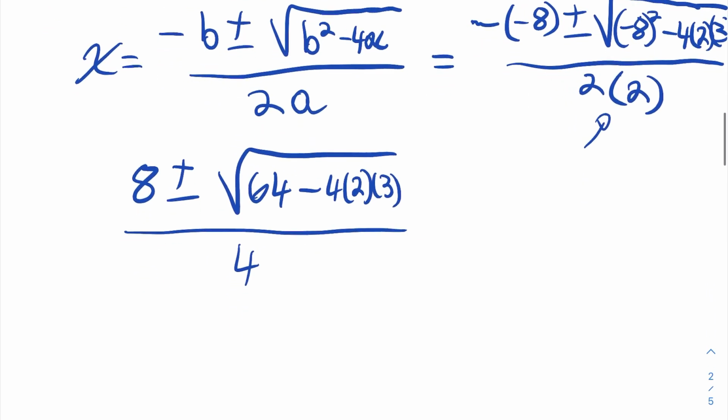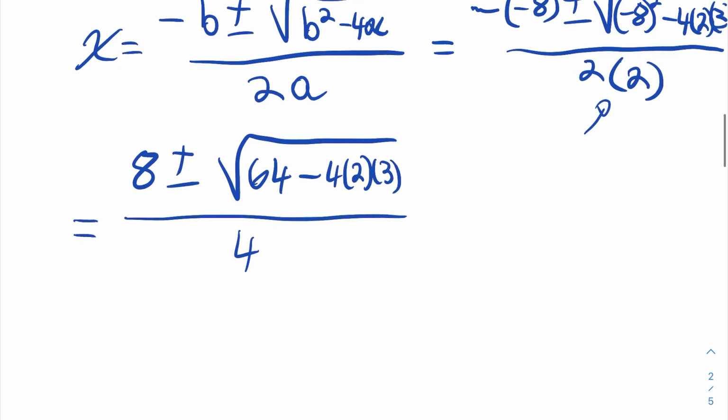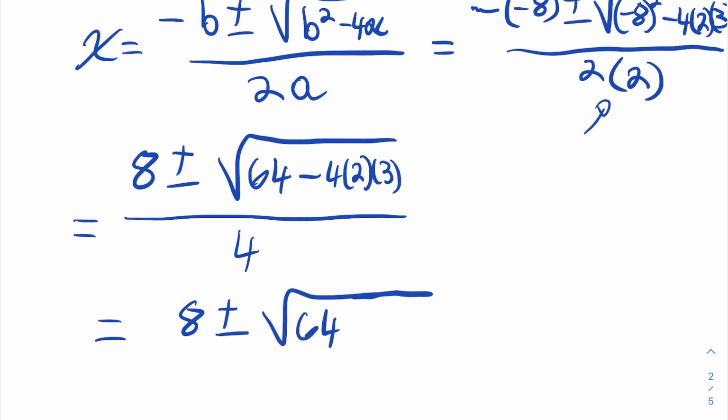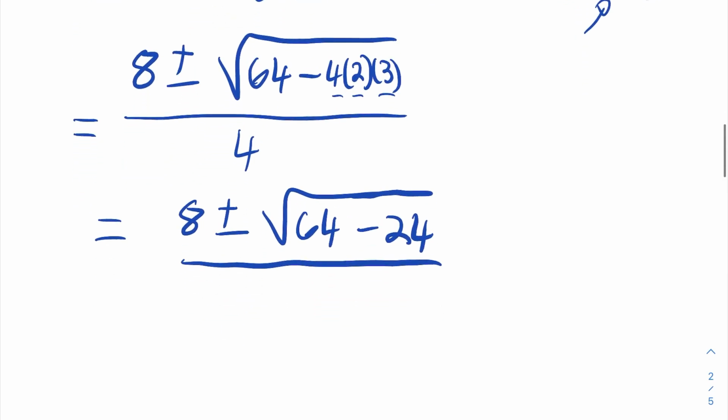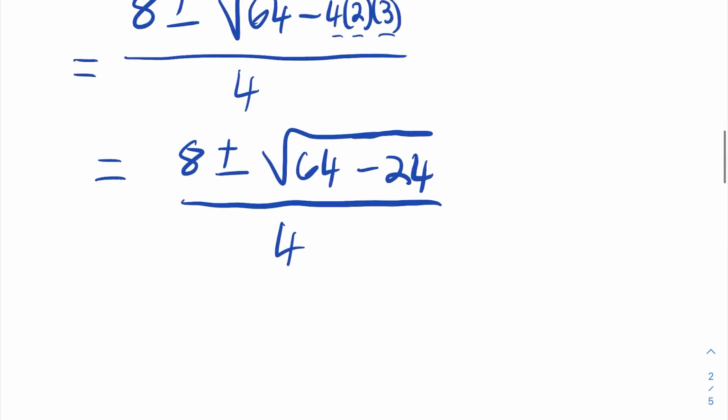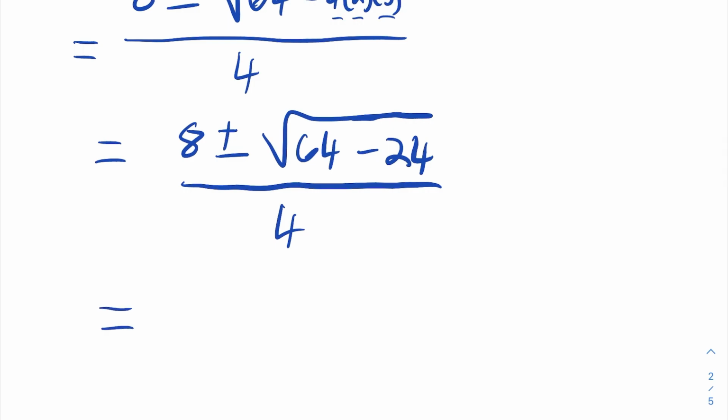So we've got 8 plus or minus the square root of 64 minus 4 times 2, which is 8, and 8 times 3 is 24. So 64 minus 24, and this is all still divided by 4. Okay, so it turns out that the discriminant is positive 40.